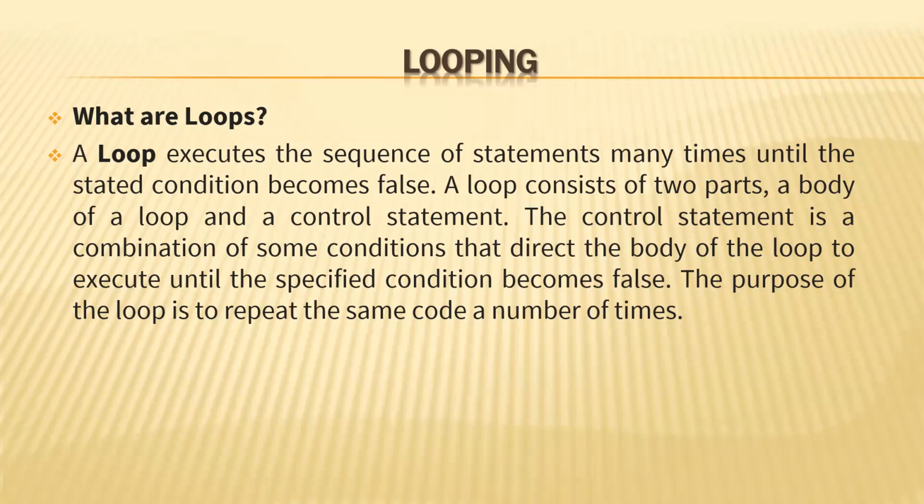This loop has a control statement where we can conclude the loop, and the body of the loop contains the statements which will execute when the control statement is true. The control statement is a combination of conditions that directs the body of the loop, which will be executed until the specified condition becomes false.